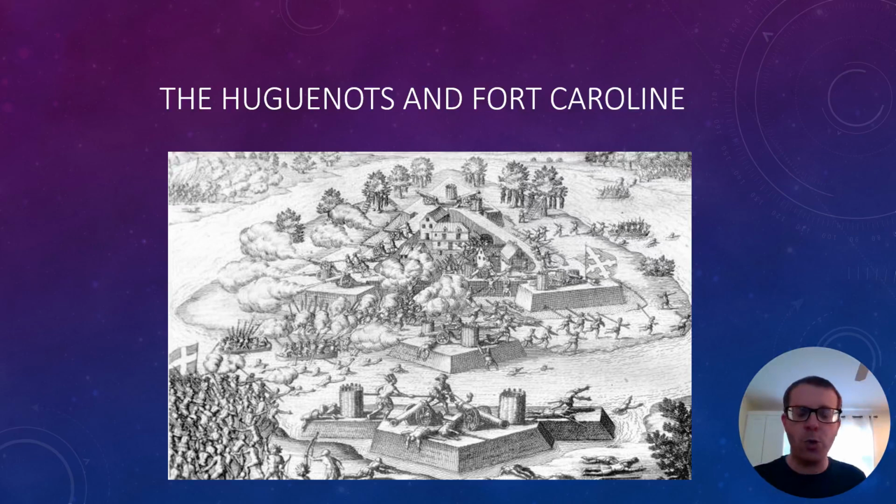The French Huguenots were able to make contact with a local Timucua village that was led by a person named Saturia, and began trading with Saturia. And then another Timucuan village, which was led by Saturia's rival, Otina, reached out and began both a trading relationship and also an alliance with the French Huguenots.